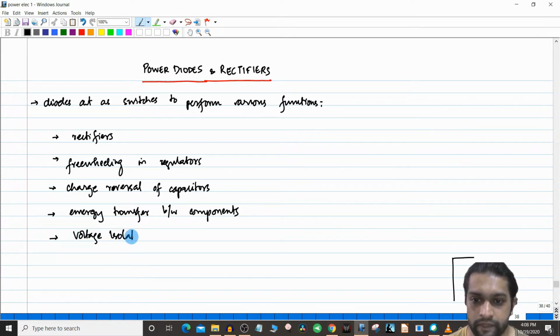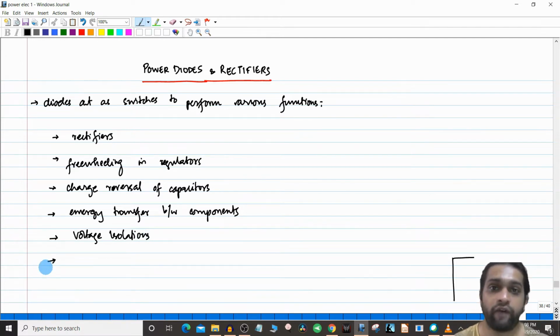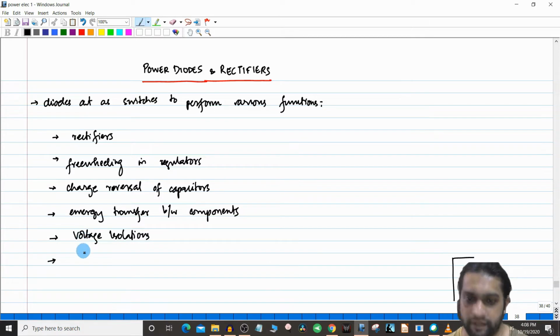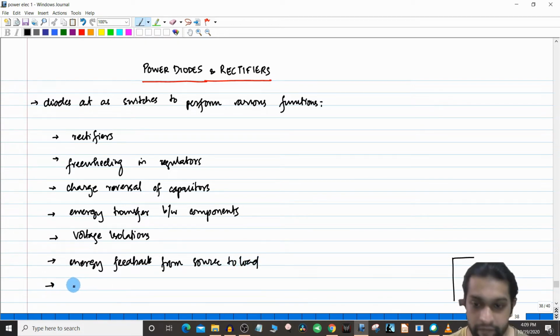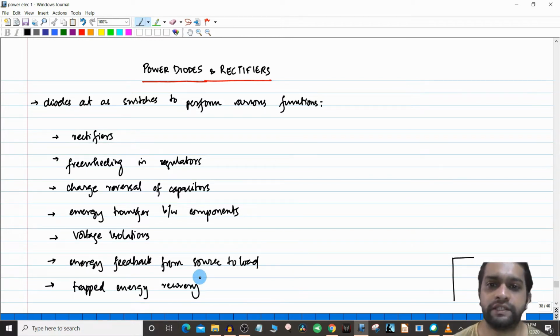We are just listing these applications so that you can understand how widespread the applications of diodes are. Then energy feedback from source to load, and finally trapped energy recovery. These are some wide areas of applications in which diodes and their switching action are used.